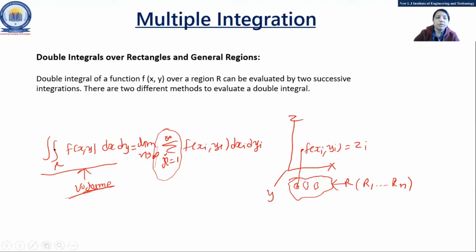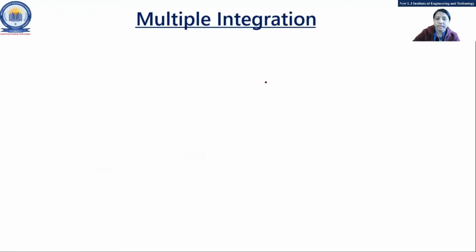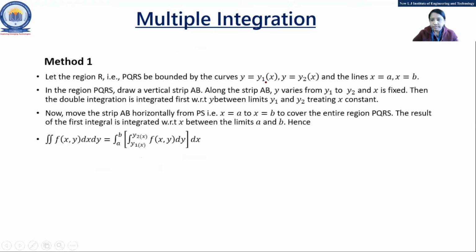Okay, so now how do we find this double integration? There are two methods, for a rectangle and for a general region. Either way, there are two methods to find the double integration. First we'll go for the first method.